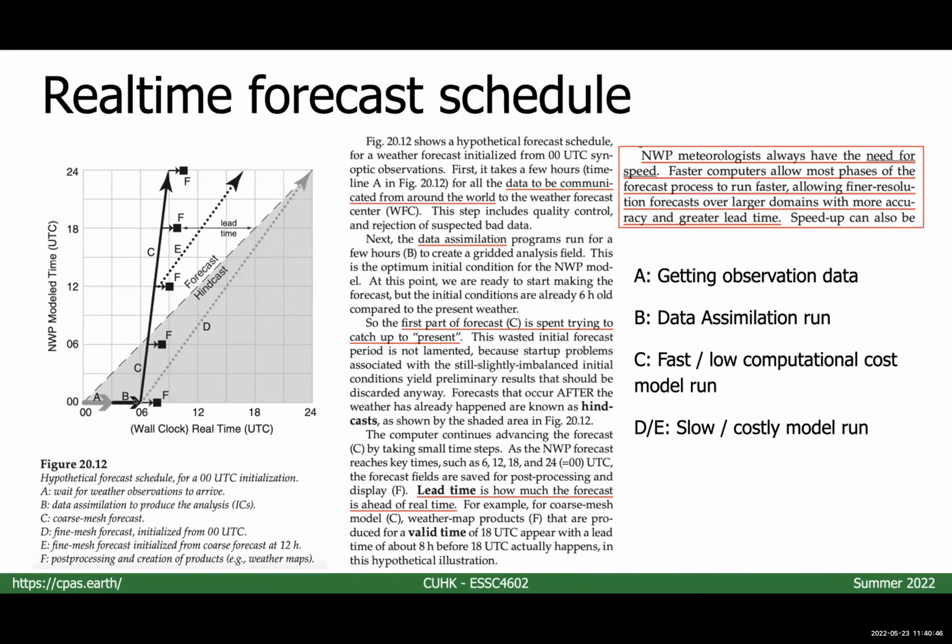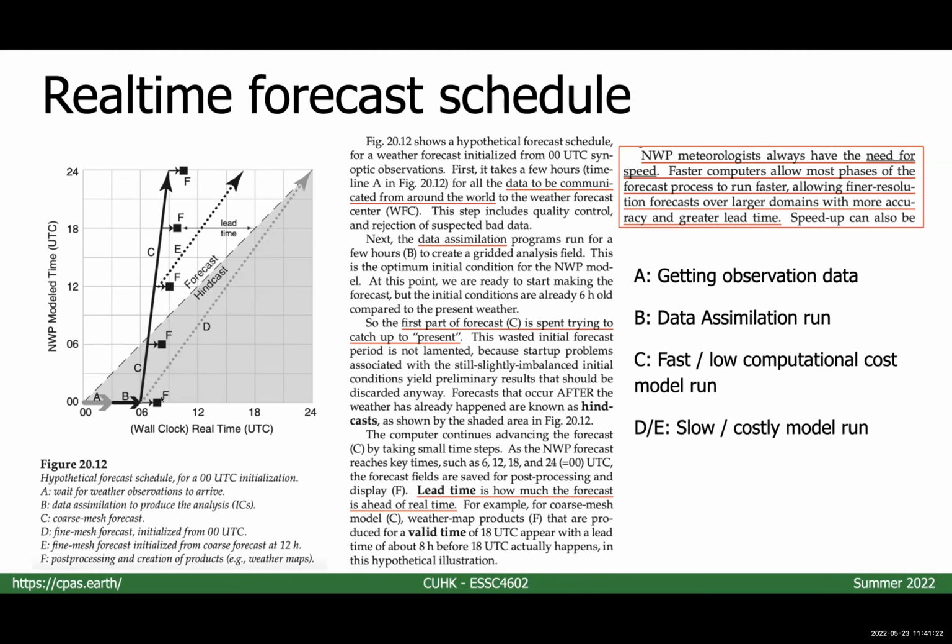And then you have the initial condition, and you start running your time integration. If your model is a simple model with low computational cost, then the program will run fast. So you will see this line has a pretty steep slope. Take this example: to simulate 24 hours, it used only 3 hours.